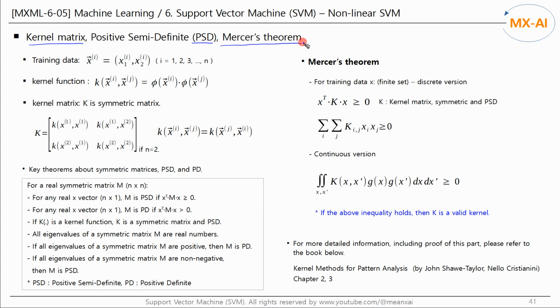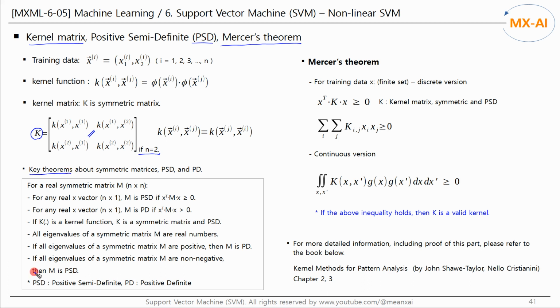A matrix generated from a kernel function is called a kernel matrix. This is an example when the number of data points n is 2. The dot product of these two is equal, so the kernel matrix K is symmetric. And the key theorems about symmetric matrix PSD and PD are as follows.